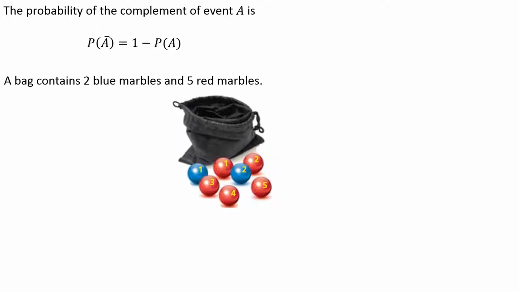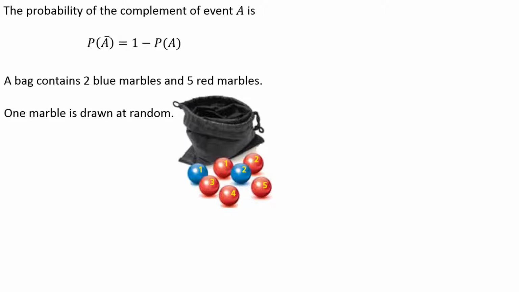So let's take a look at a bag with marbles. 2 of them are blue, 5 are red. Again, we've got to assume that everything is equal and fair here. And so if I'm going to reach into the bag without peeking, the probability that I grab any one of the marbles is the same as all the others. So I'm going to draw one completely at random.